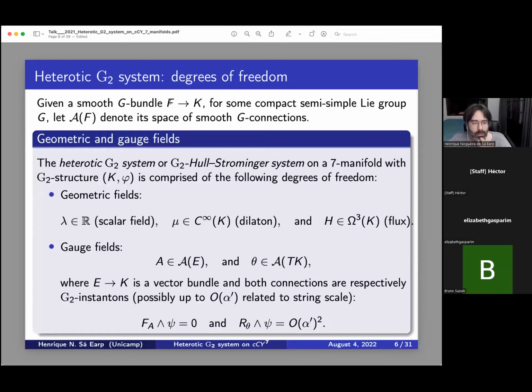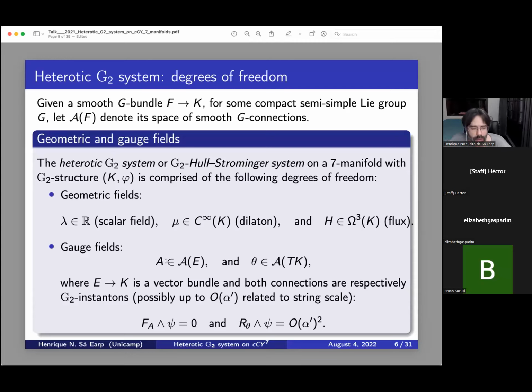One wants a bundle F, on which A of F denotes the space of smooth connections. So a G bundle, let's think of it as a vector bundle. The heterotic G2 system, or Hull-Strominger system, would comprise a scalar field lambda, a dilaton field corresponding to a function mu, and a 3-form which is called the flux, the H flux.